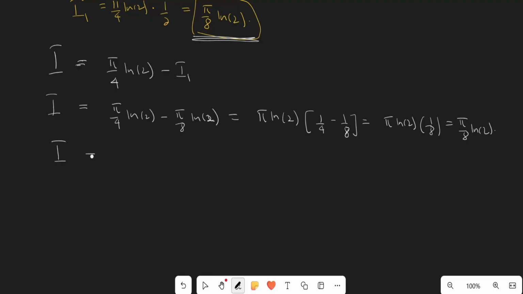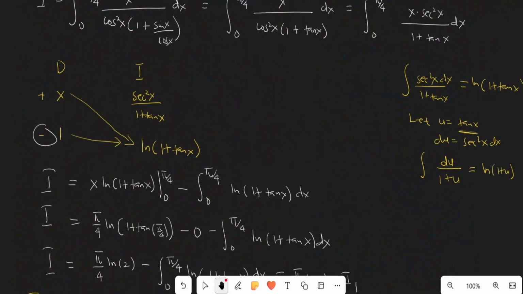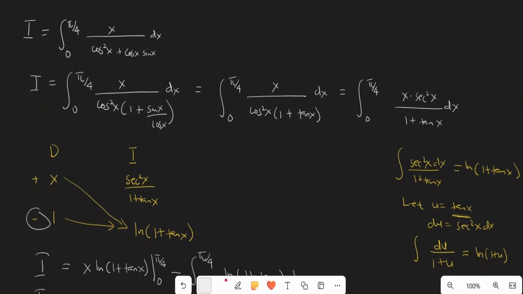Therefore, the value of I is pi over 8 times the ln of 2. This is the answer to our integral. So when we go back up to the very top, this integral evaluates to pi over 8 ln of 2.